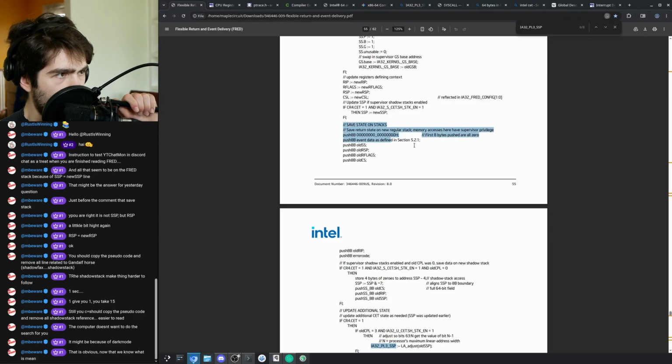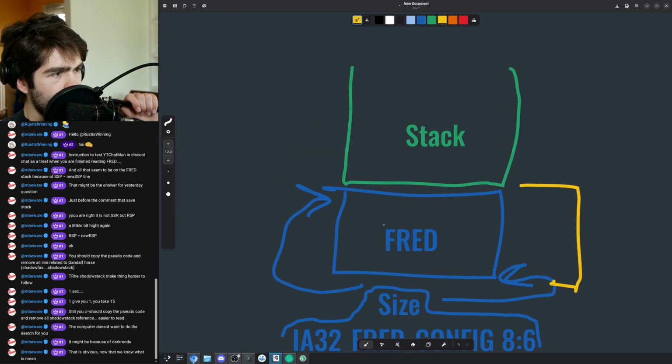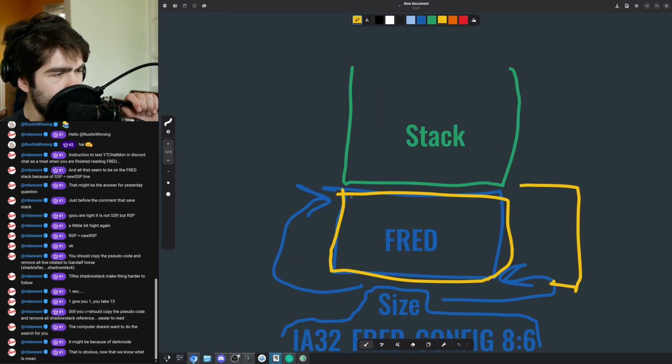So we always save on the stack. We don't even care about who you are. We always save on the stack, so no matter who you are, we save this. Okay. So FRED will save a bunch of information on the stack whenever it does a transition so that it can refer to this in order to process things correctly.